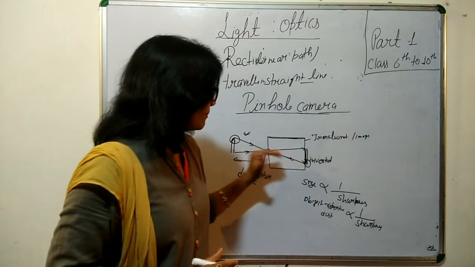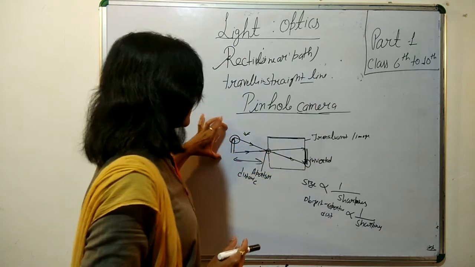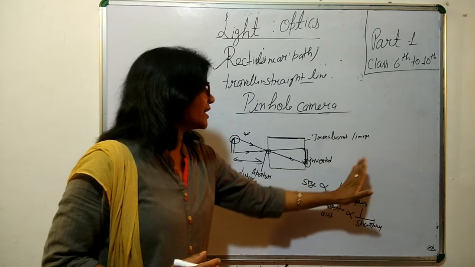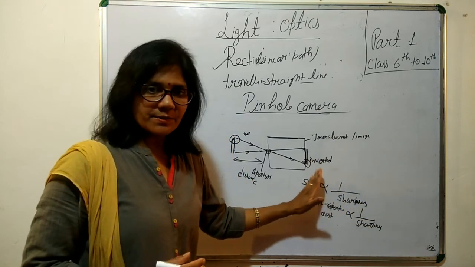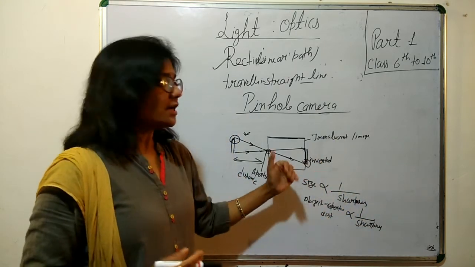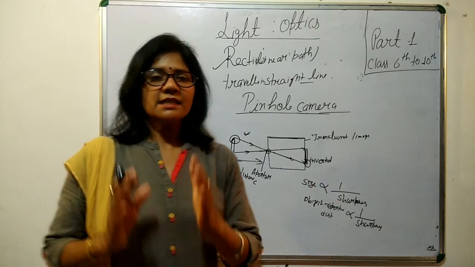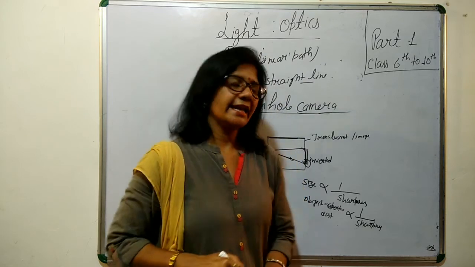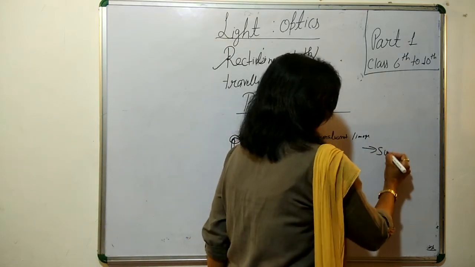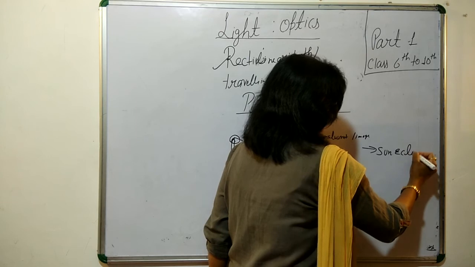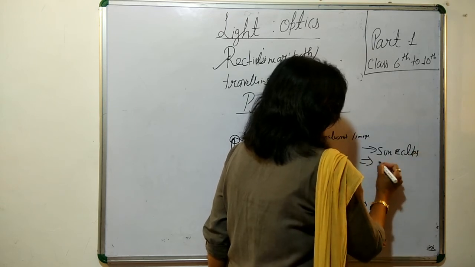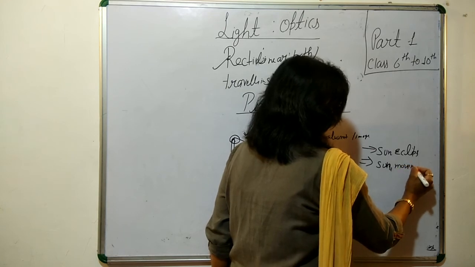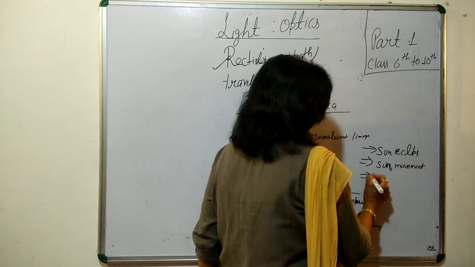So with the help of this pinhole camera, we get the image of the sun here, and from this side we can see the whole eclipse without harming our eyes. So this pinhole camera is very useful to see a sun eclipse or the whole day's sun movement, because it is not possible for us to see it directly.